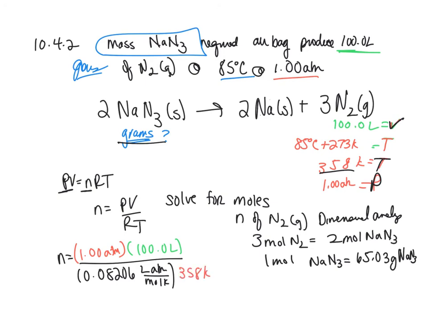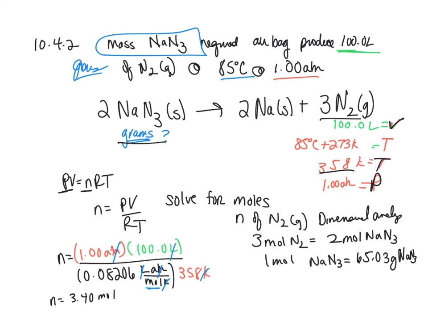And then we just make sure our units cancel out: atmospheres, liters, Kelvin. And that gives us moles. If you do that math, you get n equals 3.40 moles of nitrogen gas.